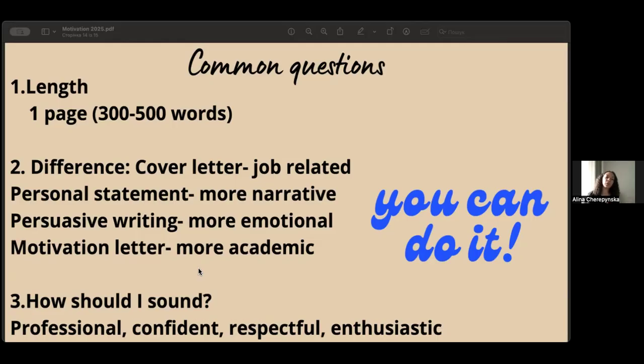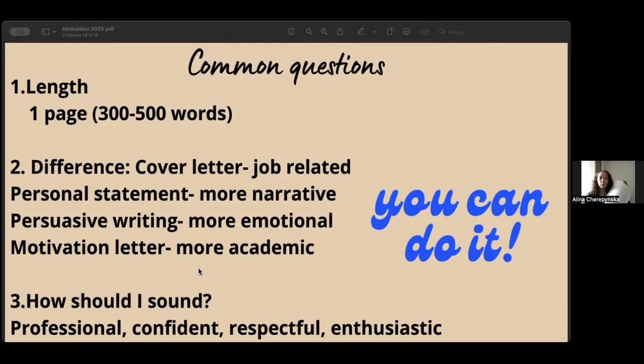How many words? 300, 500 words. Usually it's, as we have already mentioned, from 3 to 5 paragraphs. If your experience is so huge, obviously you will have more than 1 page. If it's possible to make it more succinct, make it brief, so remember that your best limit is 1 page.